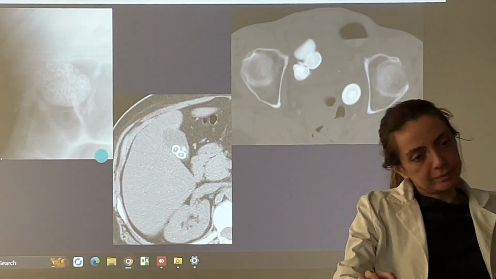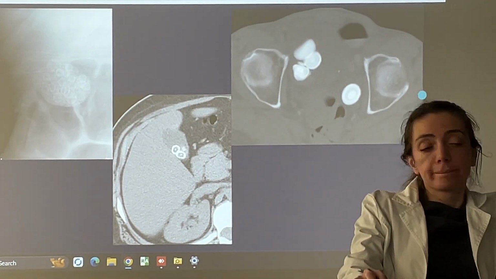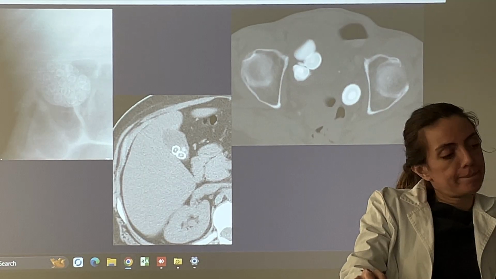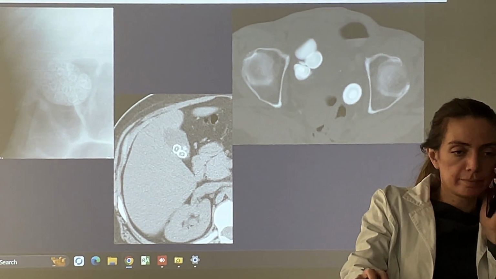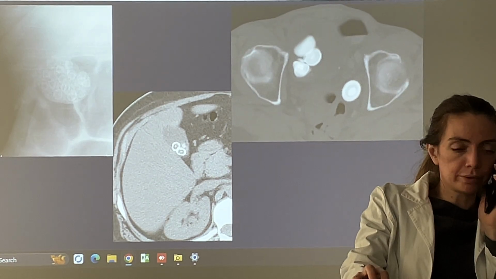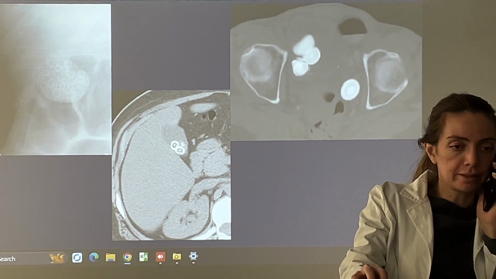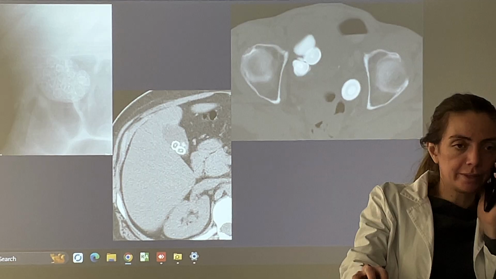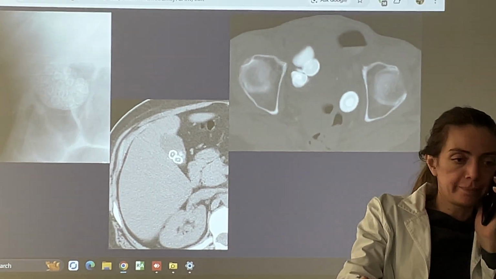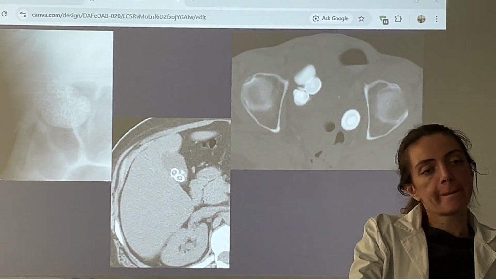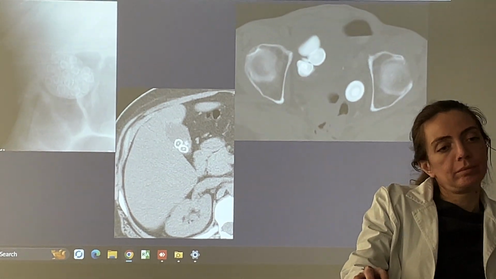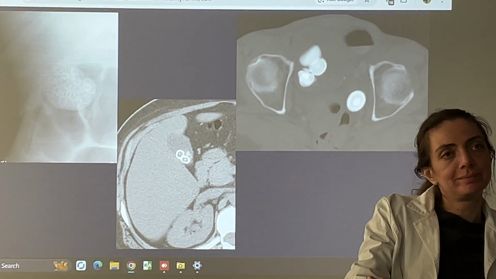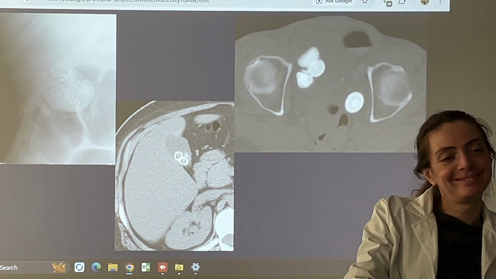What is this? Which part is that? You tell me. This one is the bone window.